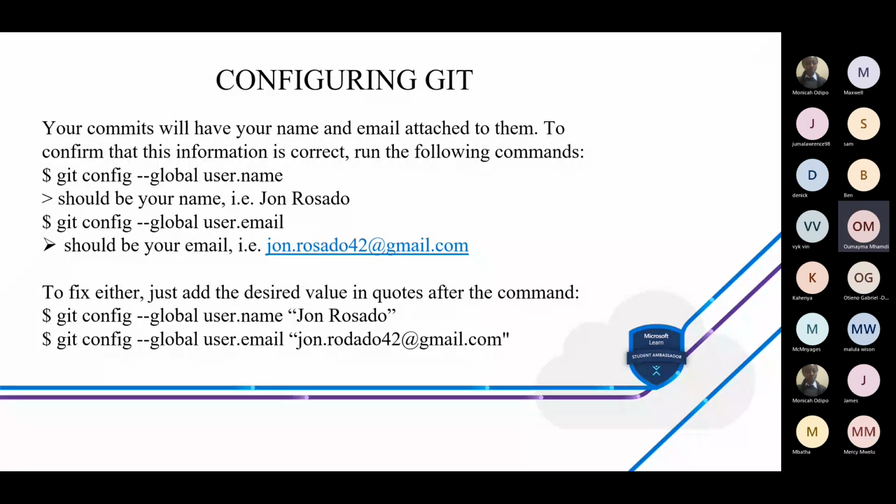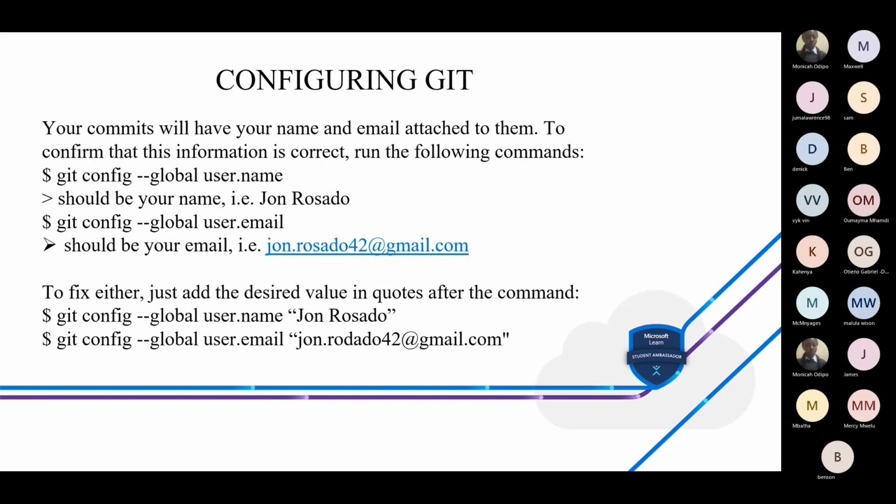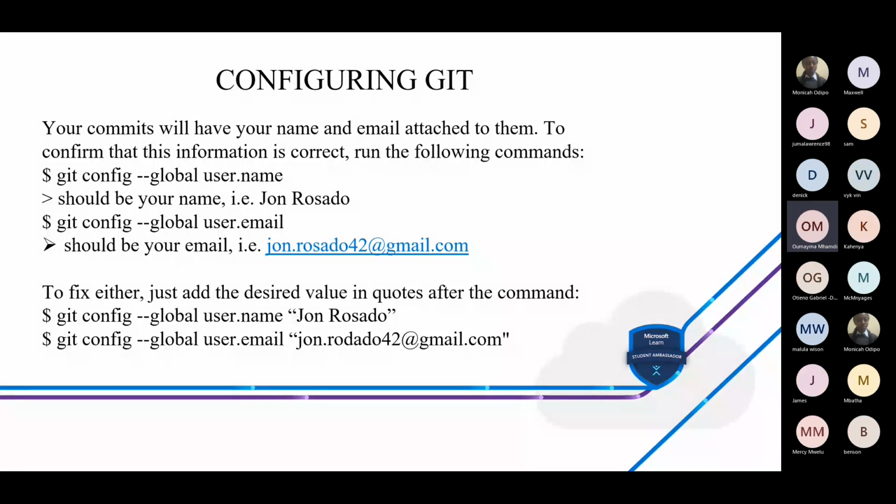For example, I am Oumayma Mhamdi, so I will type git config --global user.name Oumayma Mhamdi. The same for the email address, but you will replace user.name with user.email, and everything will be configured and will work well.